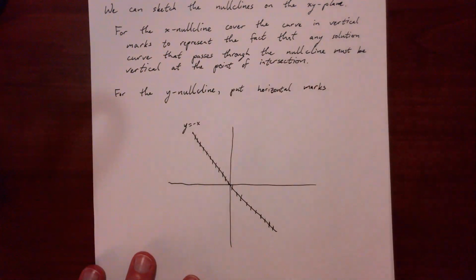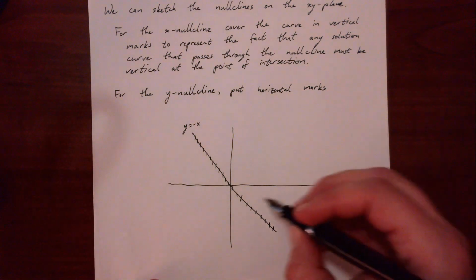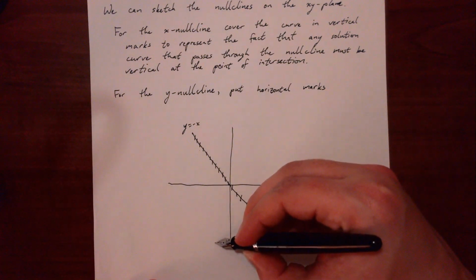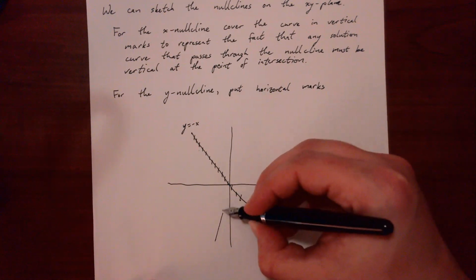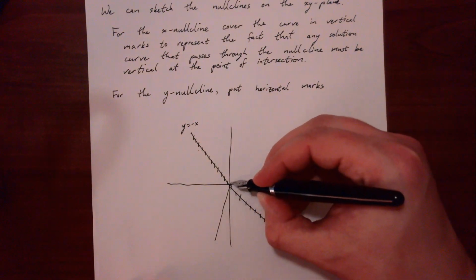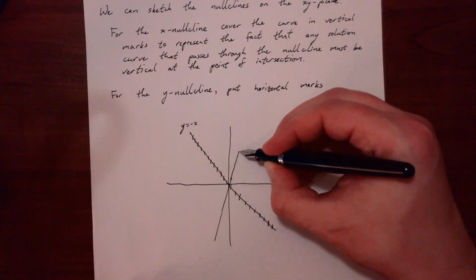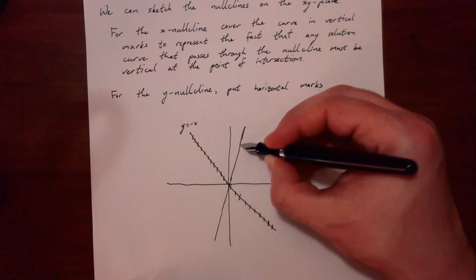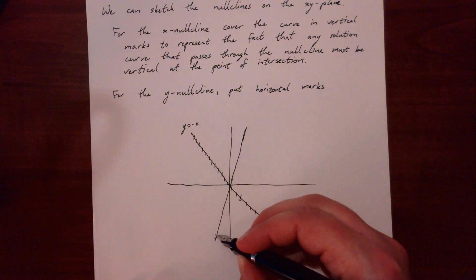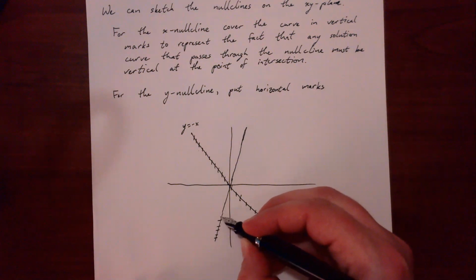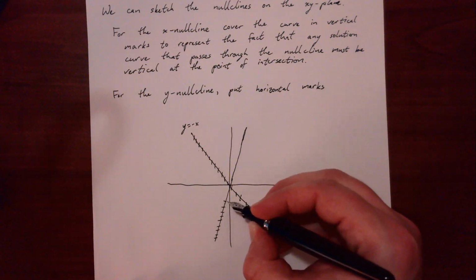This does not represent a solution curve. This represents actually more like, it's more similar to a topographical feature on the graph, like if you were looking at a map. Okay, and then for the y equals 2x, that's one that's going like this. And we would mark that by horizontal tick marks.